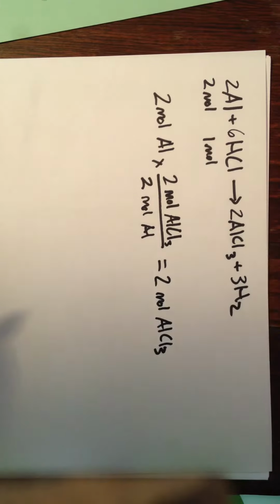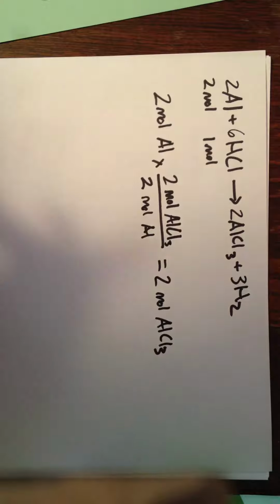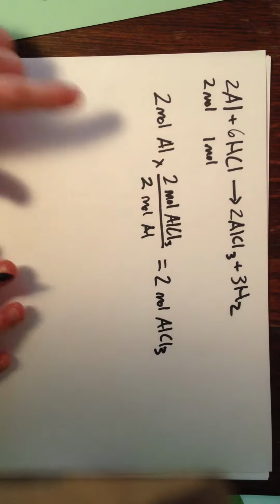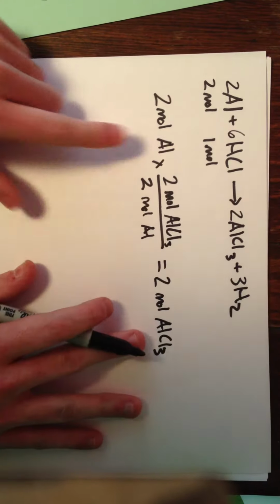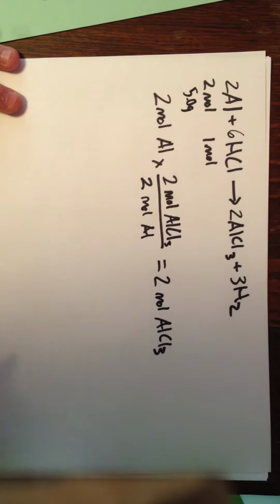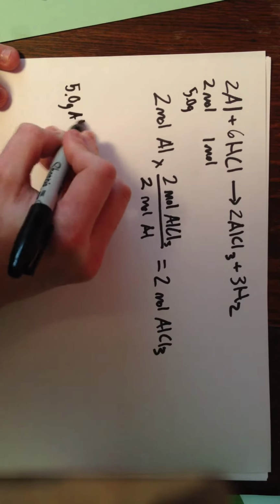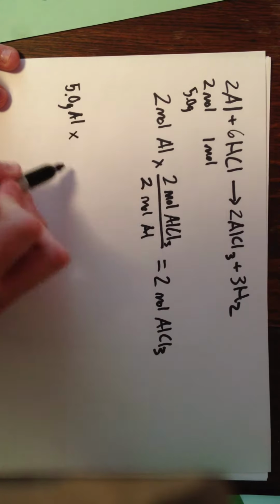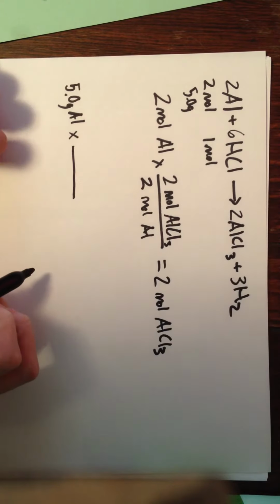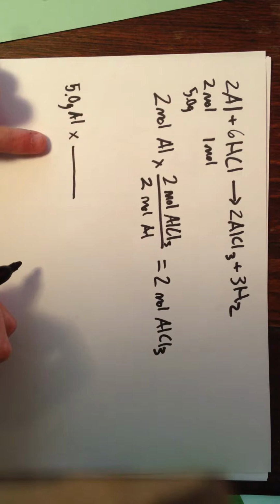Perfect. So, next up is the gram equation, converting from grams of aluminum to grams of aluminum chloride. So let's say we have 5 grams of aluminum. We just start out with 5 grams of aluminum. And just like last time, we have to find out how many grams each mole of aluminum weighs.